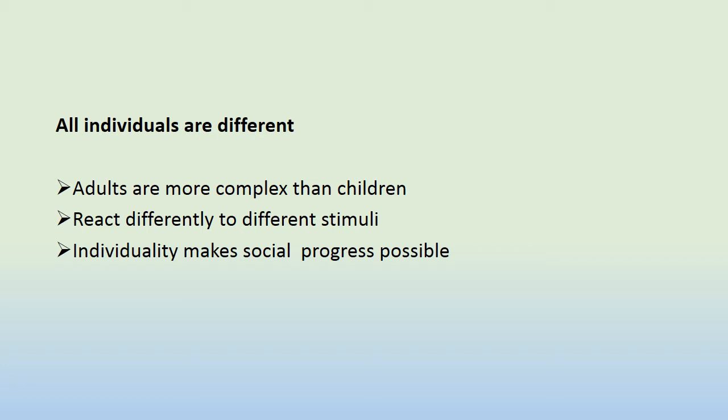The third point is that individuality makes social progress possible. Now, society is a system which needs various types of skills and capacities in people. To fulfill various tasks, it is very important that people are different. It is this individual inherent capacity which makes some fit for one particular job and some for another.